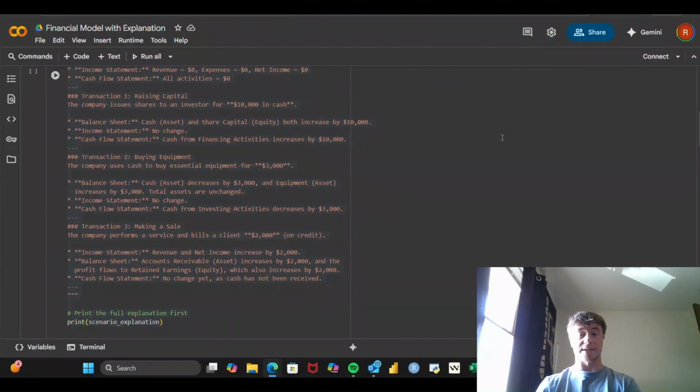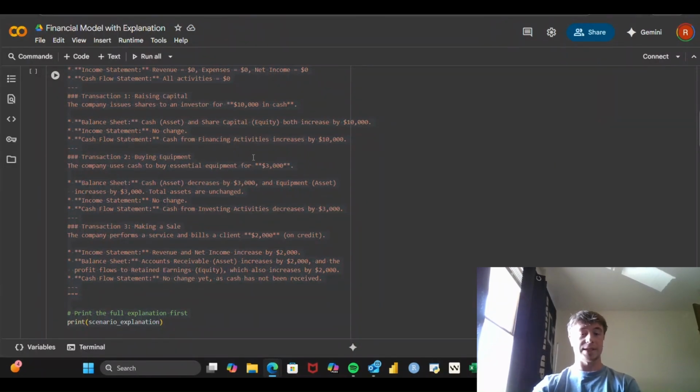Now, the income statement is not going to change, even though we did get cash. This is from financing activities, so it's not actually revenue that the company is going to report. And lastly, the cash flow statement is going to be an inflow in cash because $10,000 of cash just came into our company.